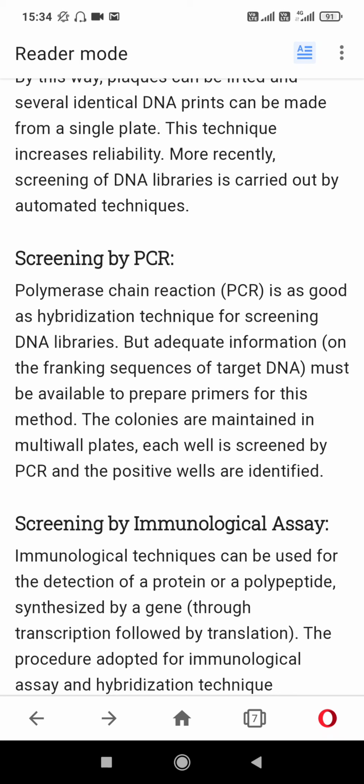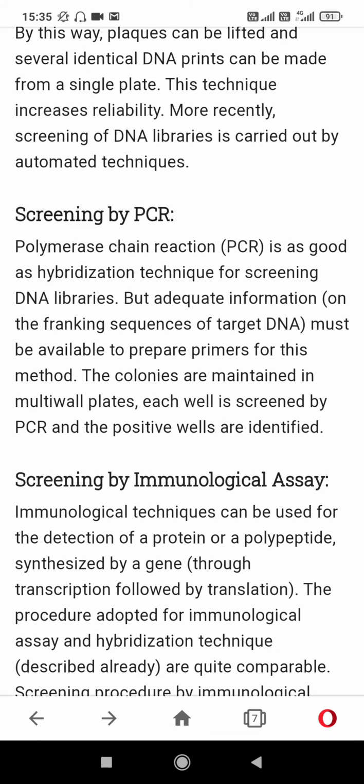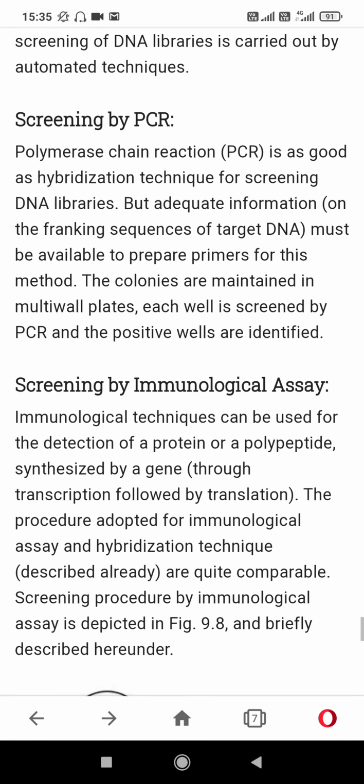It must be available so that we can prepare primers that can bind to the target region. The colonies are maintained in multi-well plates, and each well is then screened by PCR and the positive wells are identified.